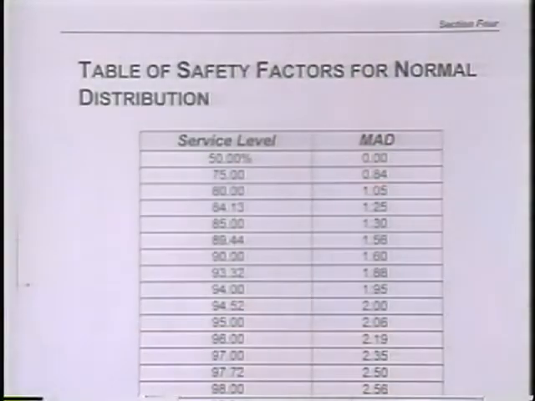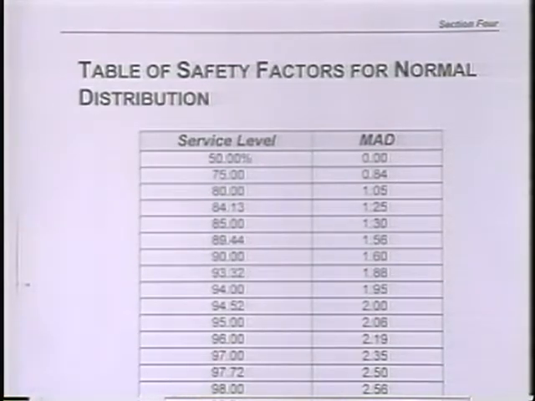So if you would turn now to page 27, and if you remember, I made reference to this page several times earlier. We have two columns here. The left-hand column is the service level column, and it goes from 50% up to 99.99%.